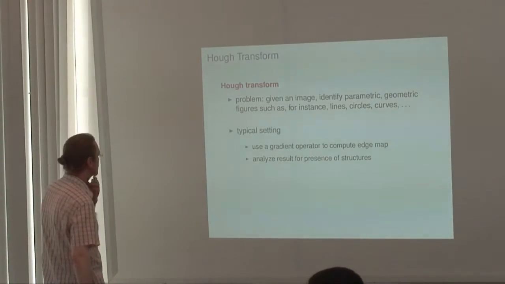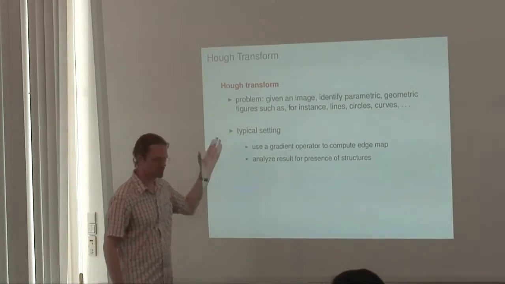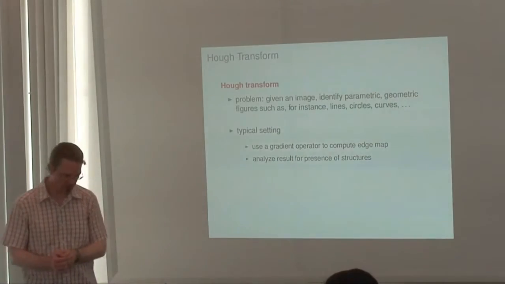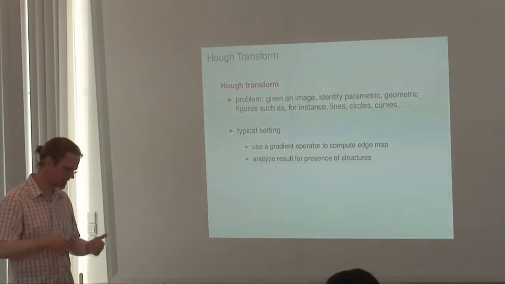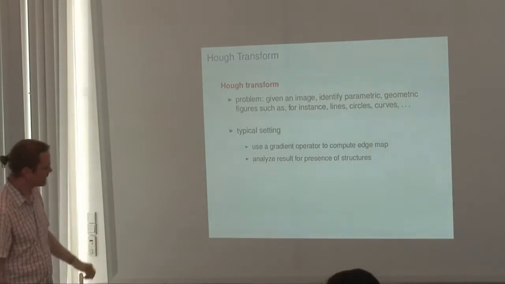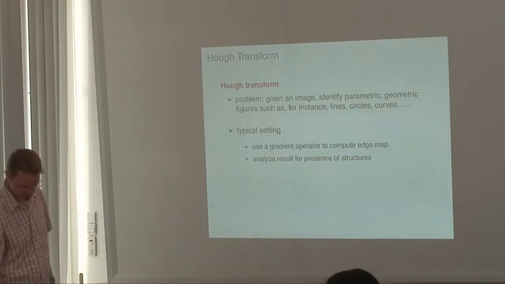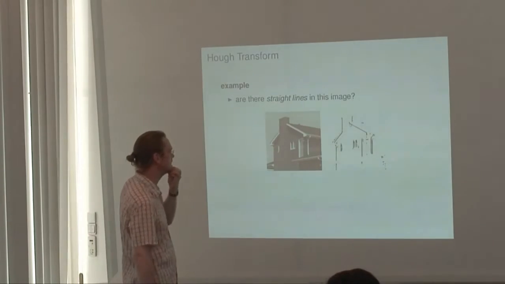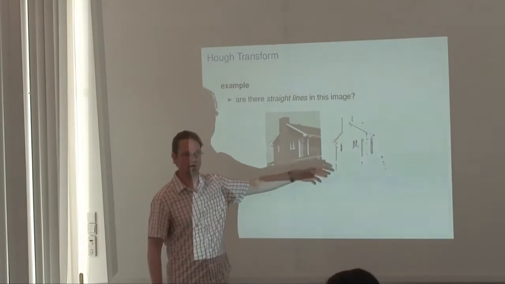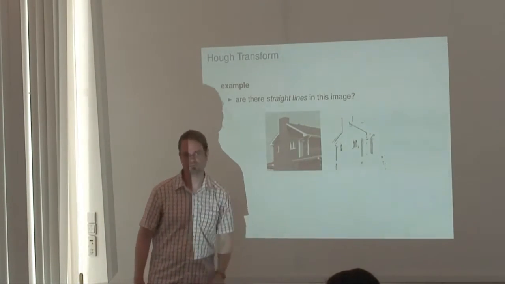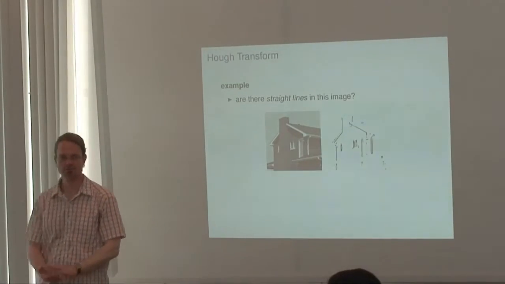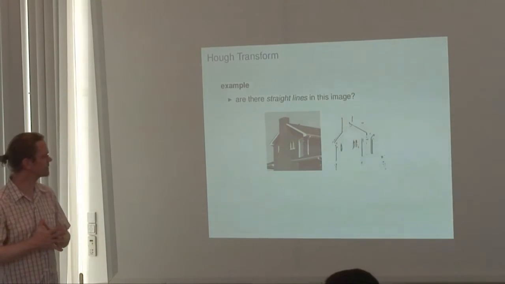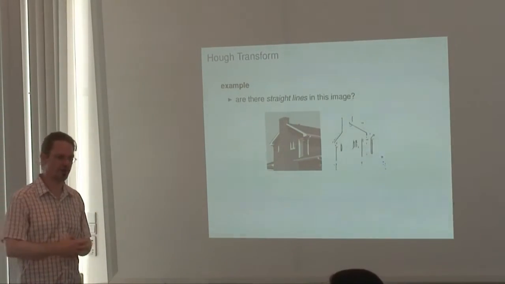And the typical setting for this problem is, again, we are given an image and we compute an edge map, and that gives us a set of foreground and background pixels. And in this edge map, we look for the presence of such structures. So for instance, the question could be, this is the image, this is the edge map. Are there lines in here? And we see them, right? But the computer has no understanding of what a line is.